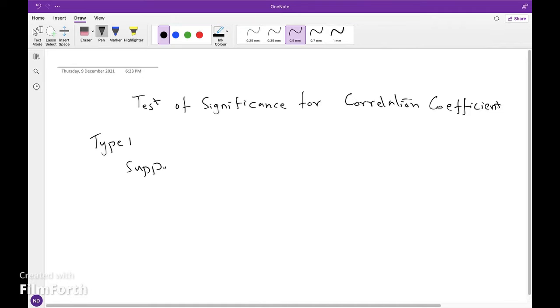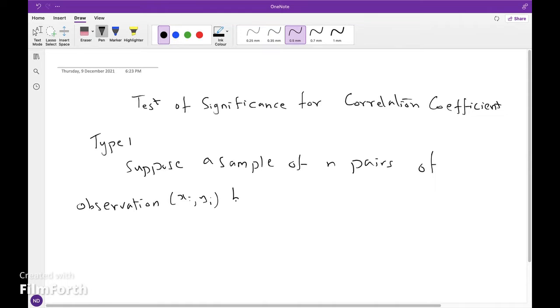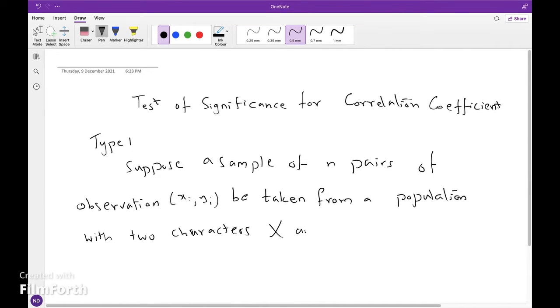suppose a sample of n pairs of observations xi comma yi taken from a population with the two characters x and y.